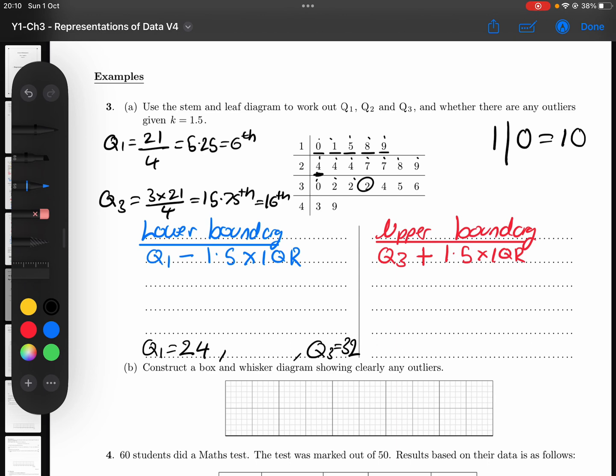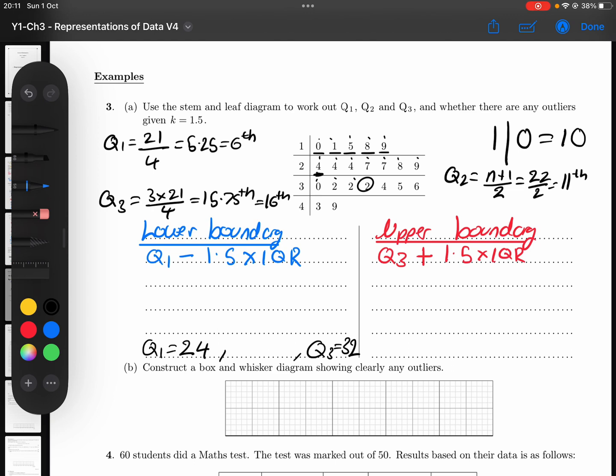And then I'm sure we all remember the formula for the median, or Q2, is the n plus 1 value divided by 2, which in this case would be, well, there's 21 data points, so 22 divided by 2.